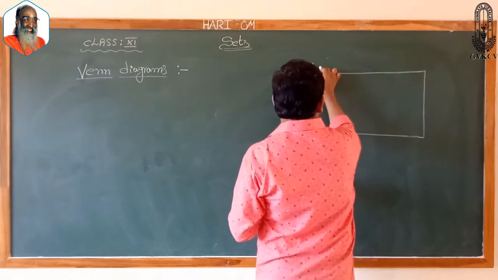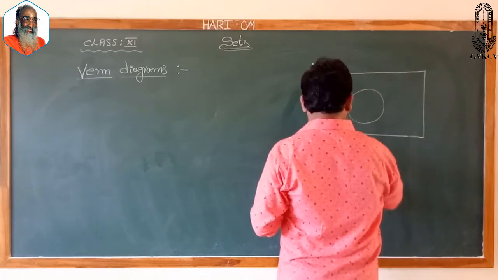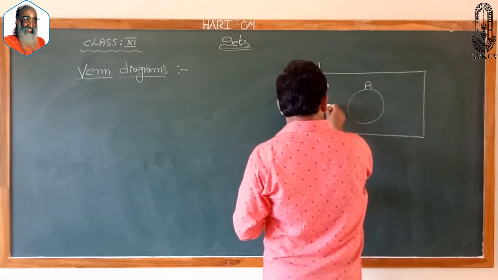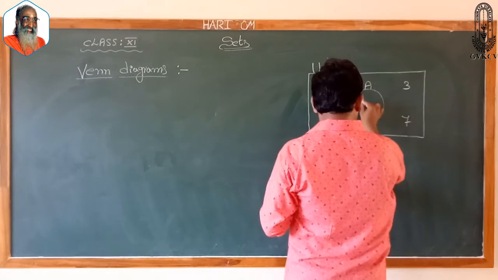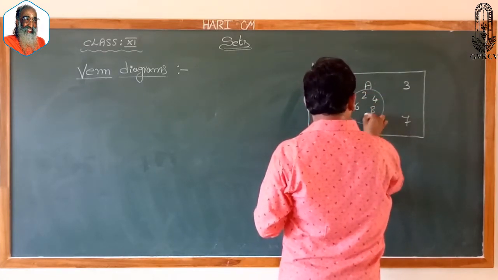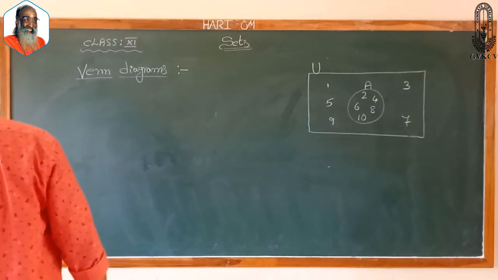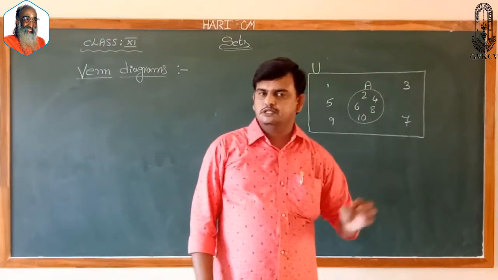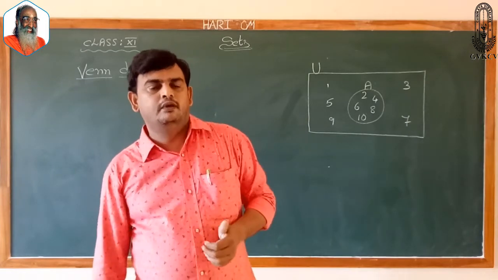Here we have the universal set, and in this we have one subset, let it be A. Here I have 1, 5, 9, 3, 7, 2, 4, 6, 8 and 10. Now this is the information given for us. Now I am asking, what is the universal set and what is the set A?